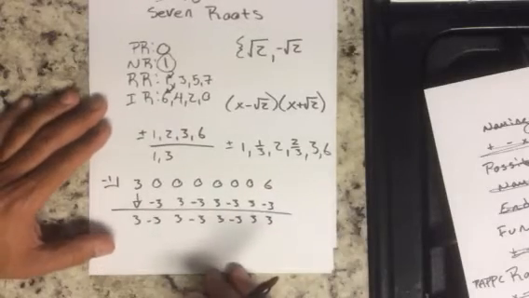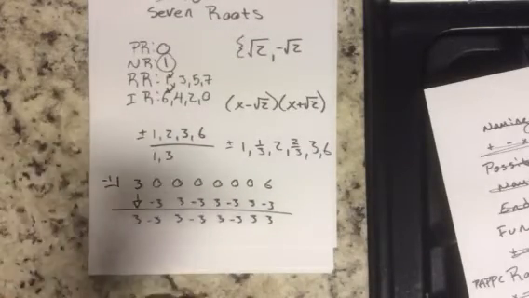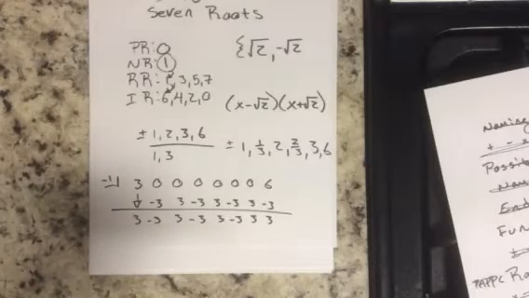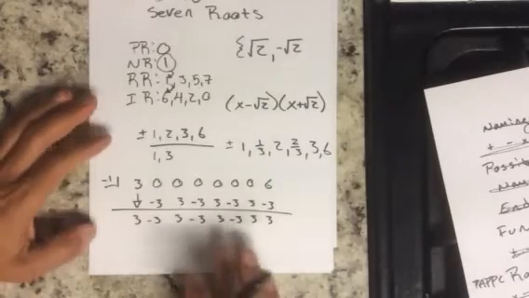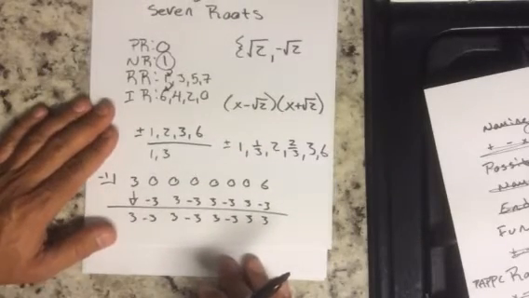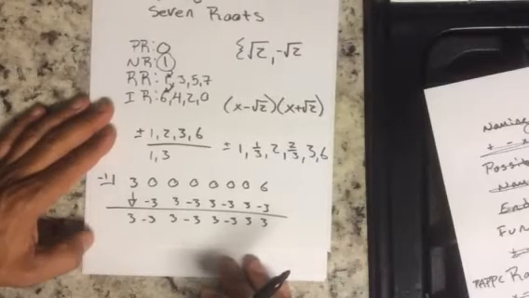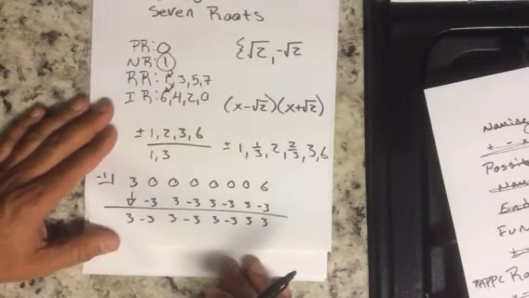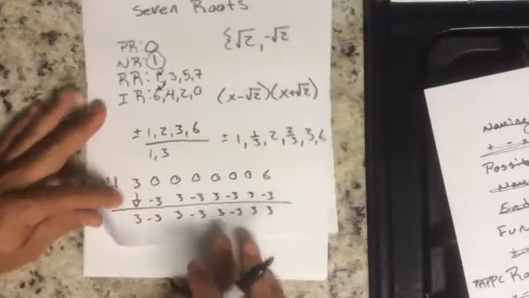Didn't work. So I'll try maybe negative 1/3. No, that's not going to be good. Negative 2/3. No, that's going to make my life miserable. 3. No, 6. None of these are going to work. Horrible example, I apologize. So I have an irrational root, so that doesn't really help me. So let me do another example. Let me do one that I know actually works.